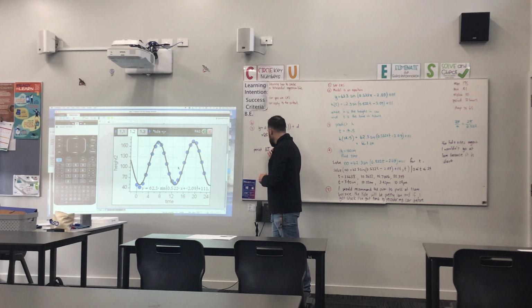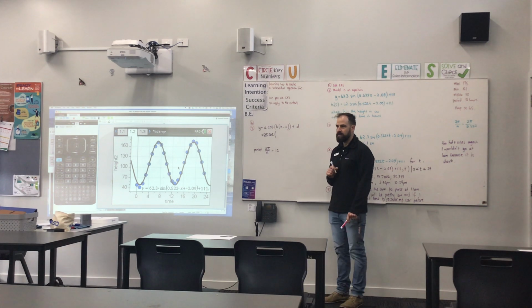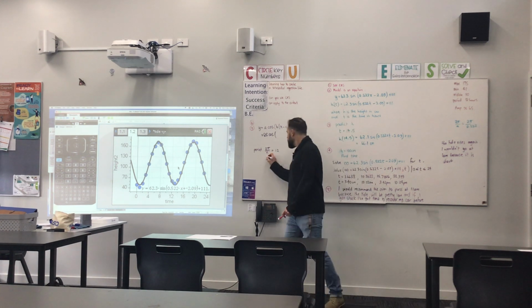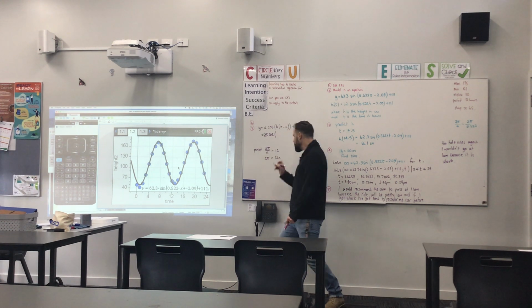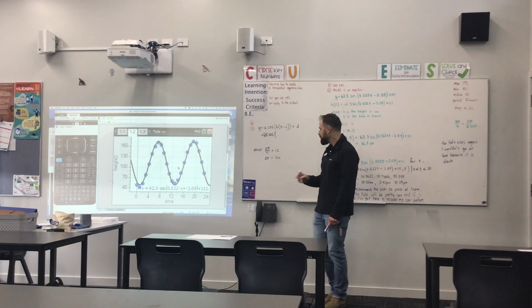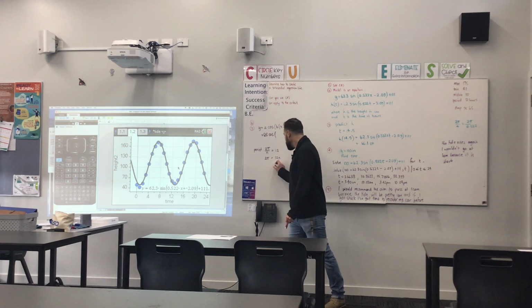So the period's calculated using 2 pi on n, and I want this to equal 12. So we can use a little bit of algebra. I'll move the n to the other side. 2 pi equals 12n. Then I'll divide by the 12. N equals 2 pi divided by 12.